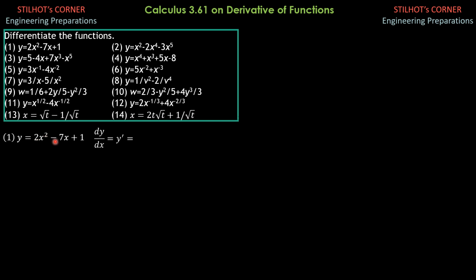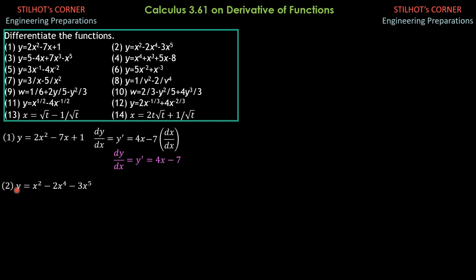While this one is minus 7, derivative of x with respect to x, so dx is 1. And the derivative of the constant is 0. Therefore, the derivative is 4x minus 7. So dy dx y prime equals 4x minus 7. Let's proceed to number 2.